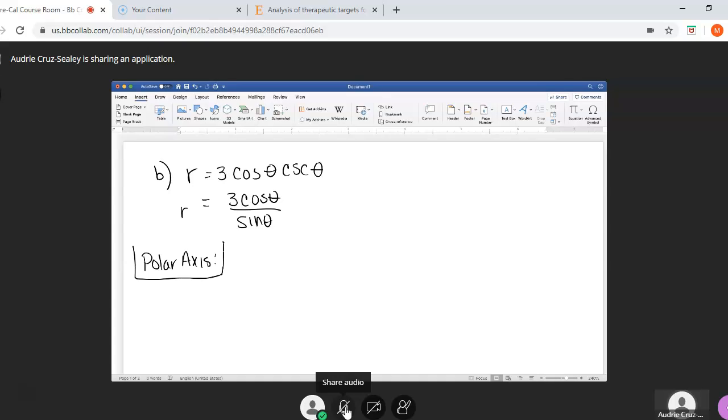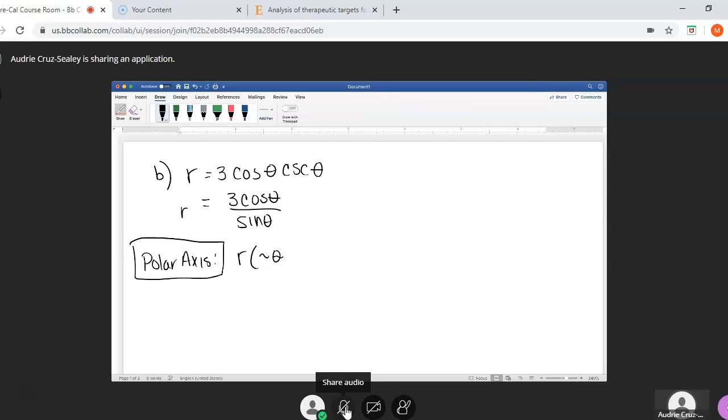Right? And remember, with a polar axis, you're going to substitute in negative theta. I was doing my theta sign outside of it. Are we okay with that? We're going to substitute in negative theta, and then we're going to simplify it.